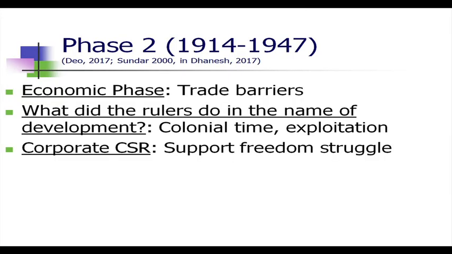Now again, I have nothing against the current British. I'm just talking about historical facts here. So the people who had taken over our India were not so comfortable. They knew their time was up. Corporate CSR was in the form of support to the freedom struggle.